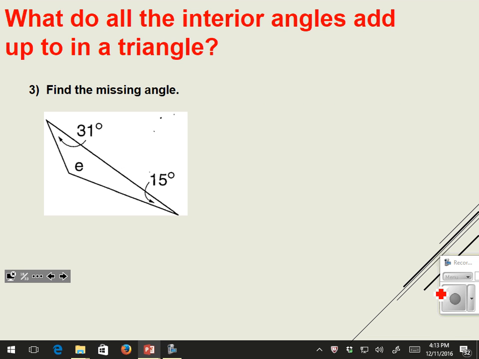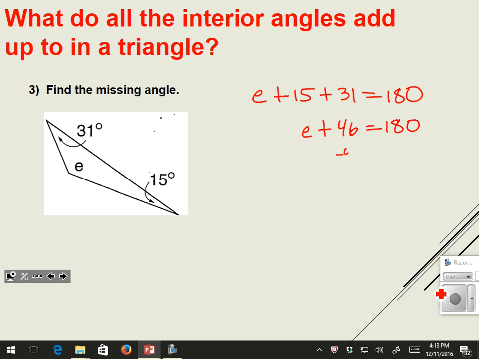For number 3, again, all the angles add up to 180. Therefore, I'm going to do E plus 15 plus 31 equals 180. So E plus 46 equals 180.